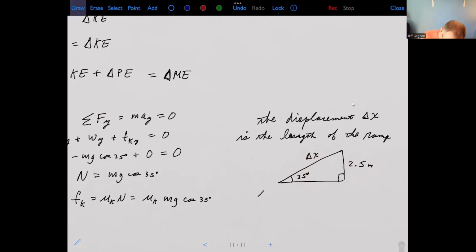So sine of 35 degrees equals opposite divided by hypotenuse. Therefore, if you solve for delta x, it's going to be 2.5 divided by sine of 35 degrees. And that turns out to be 4.36 meters. Okay, so that's our displacement.